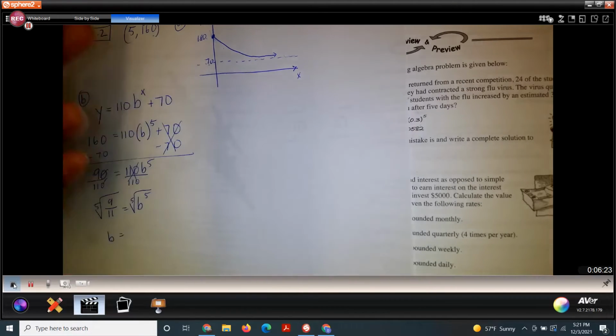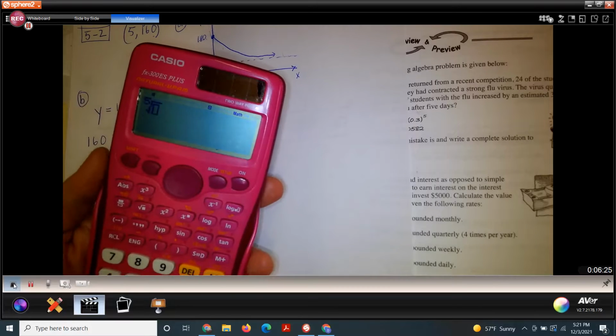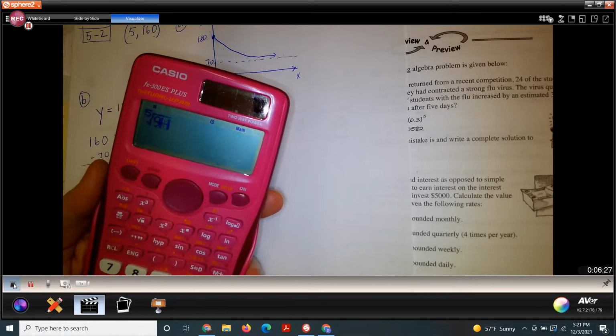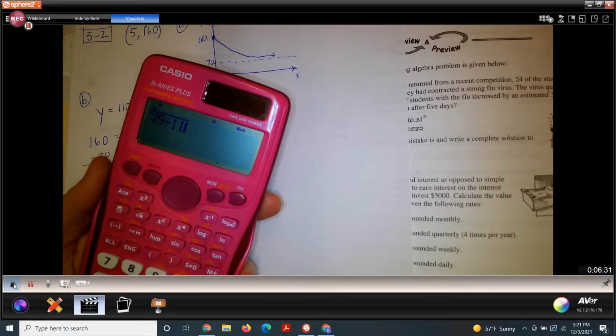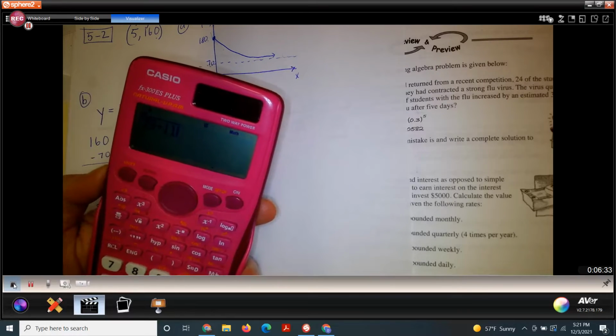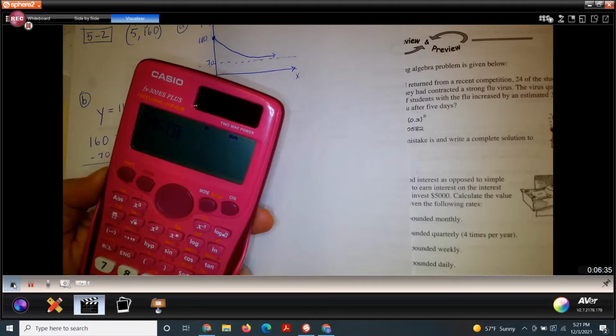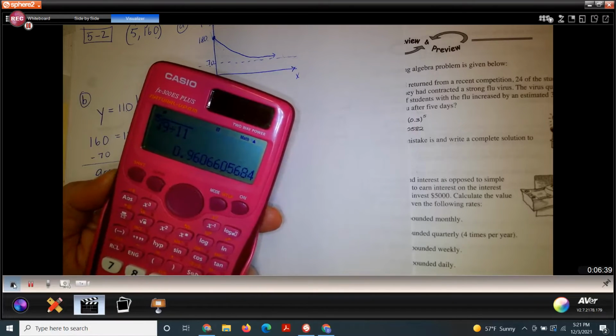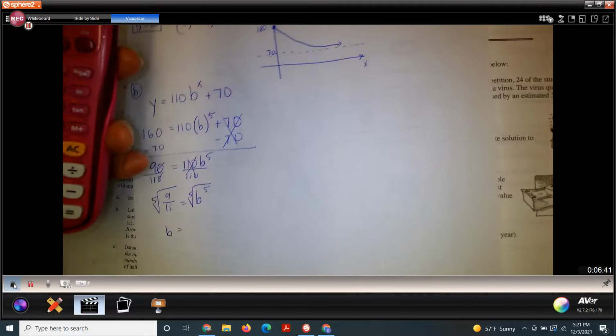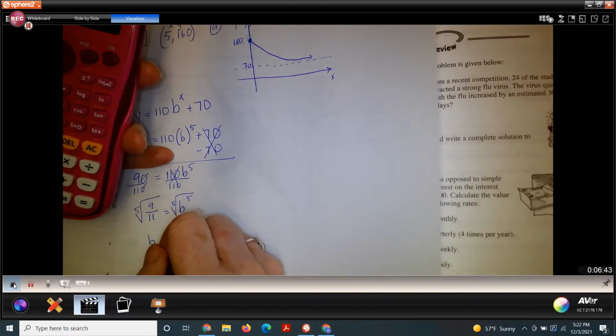The 5th root of 9 over 11. You can also raise 9 over 11 to the 1/5 power if you can't figure out how to get the root thing to work. I got 0.9606. I'm going to call it 0.961.